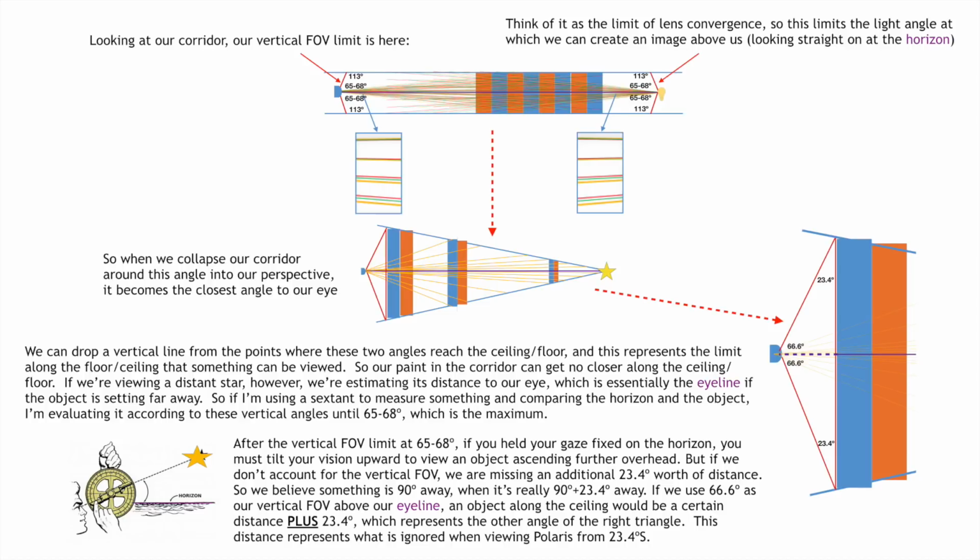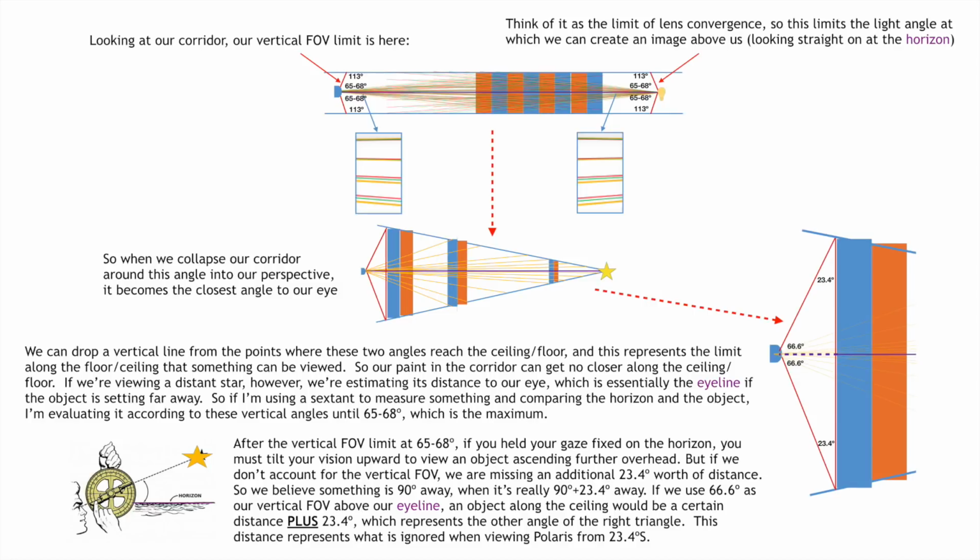So again, our paint strips that are attached to the ceiling or floor may limit there, but looking straight on at an object, we still get an additional 23.4 degrees of vision. So if we're viewing a distant star, we're estimating its distance to our eye. So it's essentially our eye line if the object is far away, right? So it is taking into consideration that 23.4.